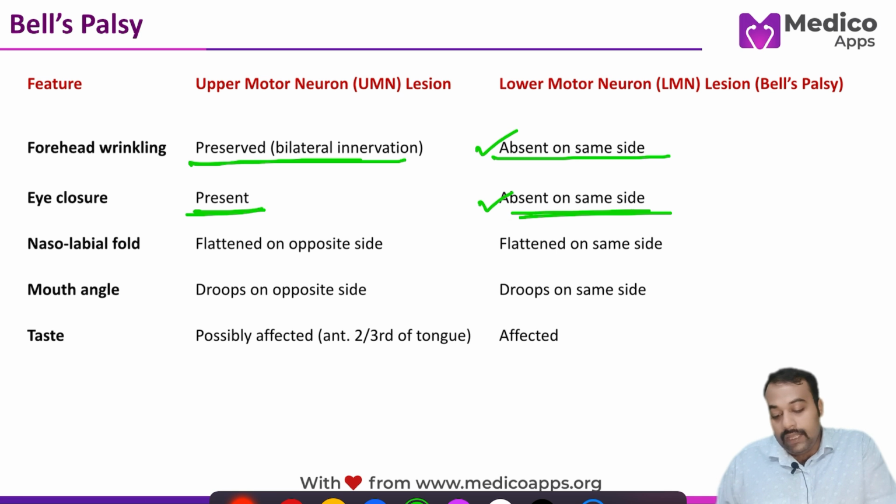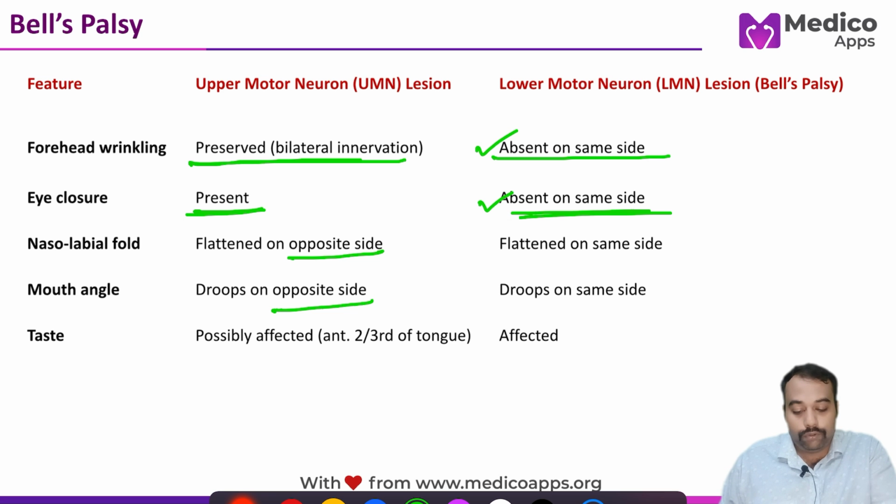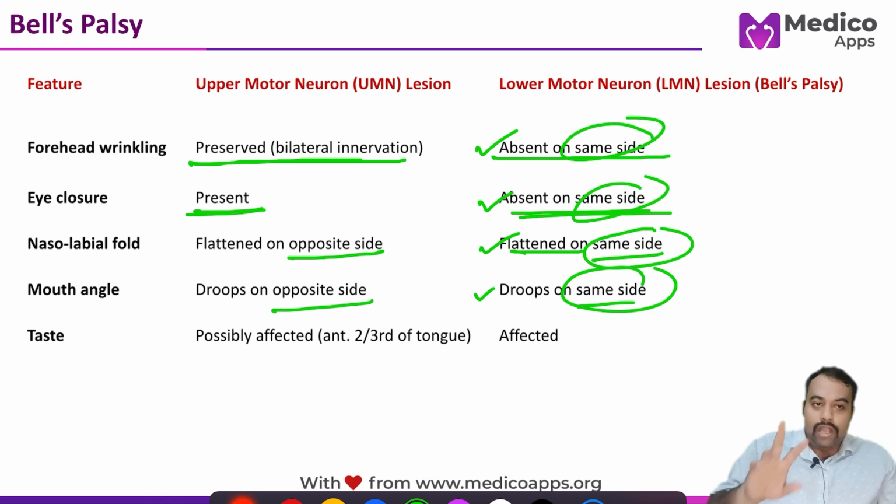The same goes for the angle of mouth deviation. But in case of lower motor neuron lesion, the flattening of the nasolabial fold and the drooping of the angle of the mouth are seen on the same side. So these are the basic differentiating features that you need to be very careful about while answering such questions in the examination. It is a real favorite from the examiner's point of view.